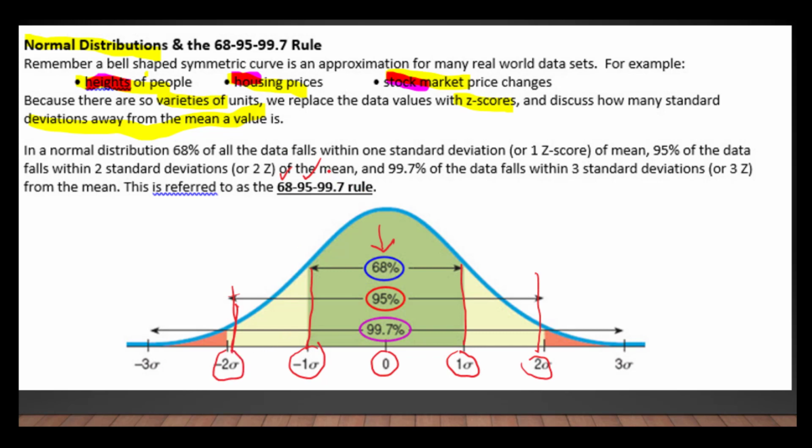And the 99.7 rule, which is way out here, means that 99.7% of all the data in a normal distribution will fall within plus and minus 3 standard deviations of the average.